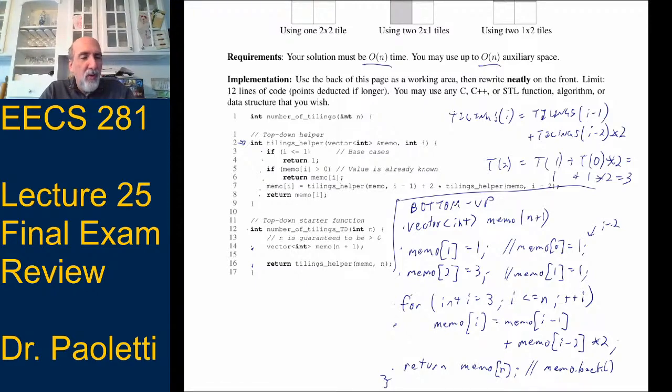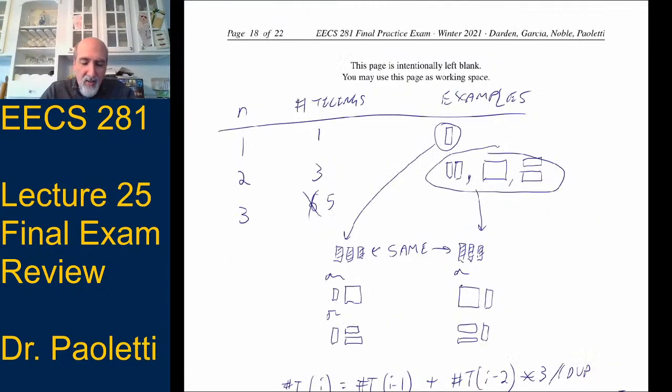So yeah, the top down will take a few more lines, but it'll still fit within the line count. So you can solve these whichever way makes sense to you, and take the time to draw out and understand the problem before you start trying to code it.